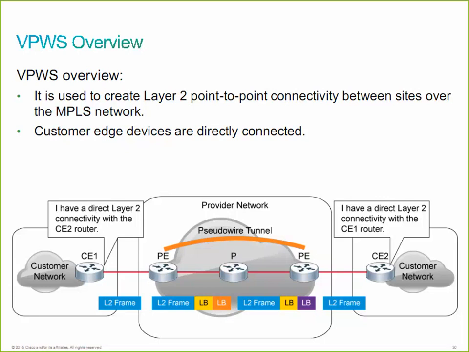The nice thing about this particular solution is that we can transport anything over the MPLS network. It can be frame relay, ATM, PPP, or HDLC. In most cases, it's Ethernet, but because it's a layer 2 pseudo wire, we don't care what the protocol is.